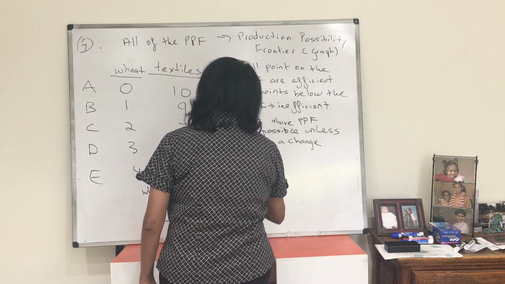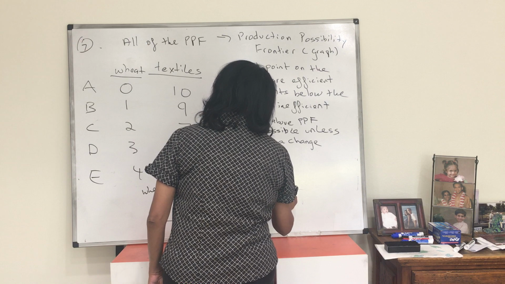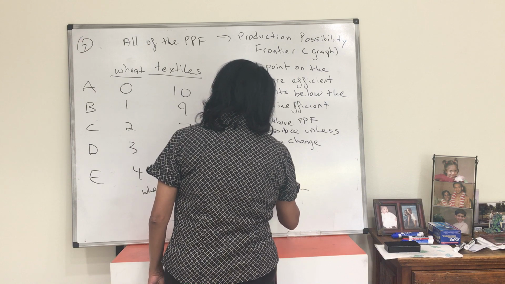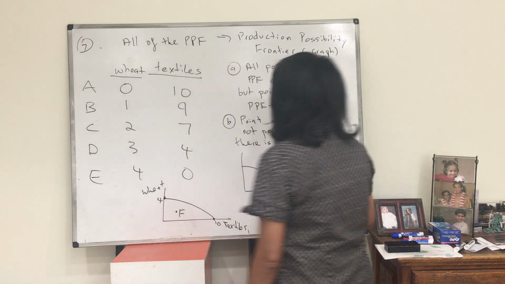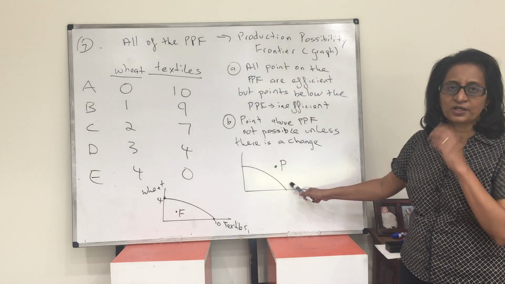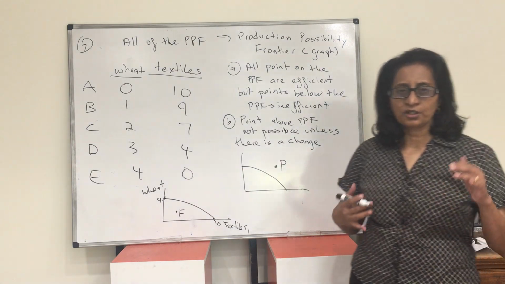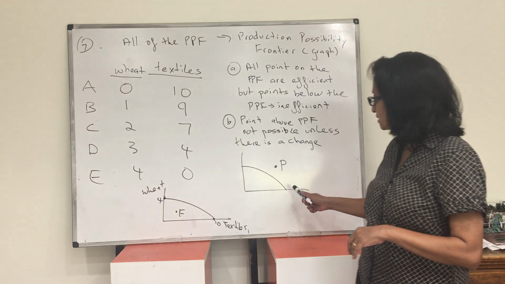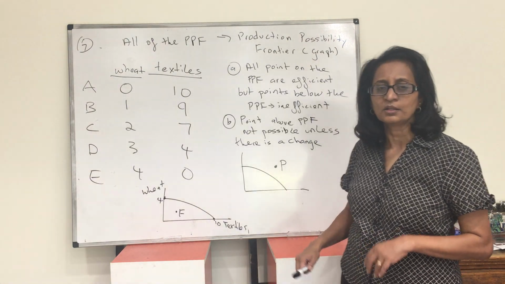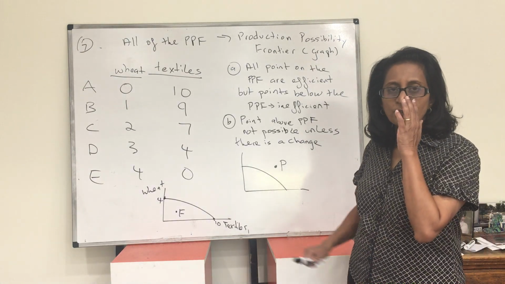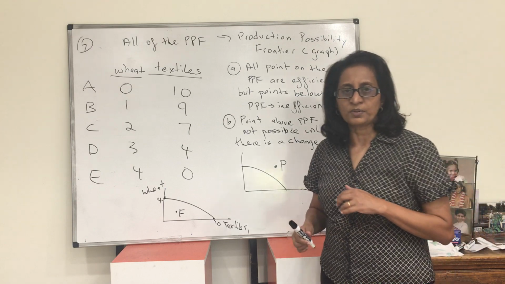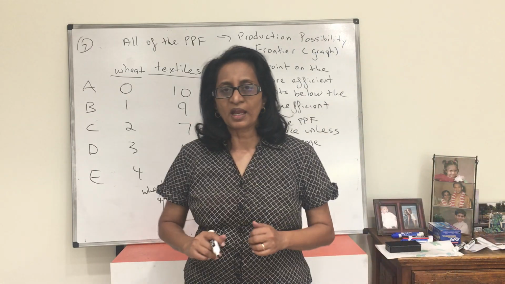In other words, if you're at a point P here, point P is currently not possible. Why? Because of scarcity of resources. Your scarcity of resources says the maximum you can produce is on the line. So currently point P is not possible. You can get to point B, but that will be a whole different graph.